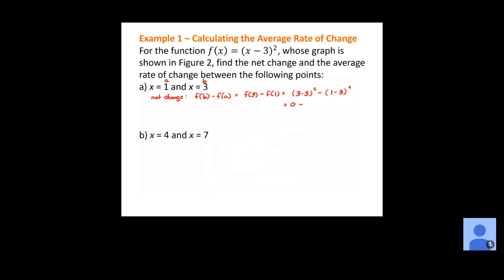When we square that, it becomes a positive, so we have a 4. And now when we subtract 0 minus 4, that's going to give us what? Negative 4. Perfect. So now we know our net change along that interval is going to be negative 4. All right. Now we need to find the average rate of change.